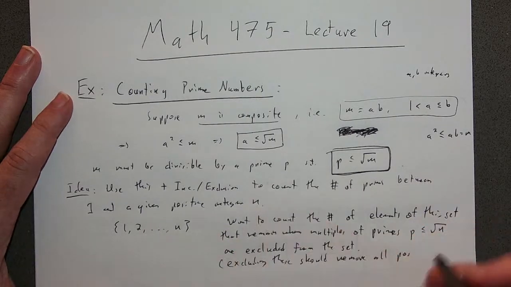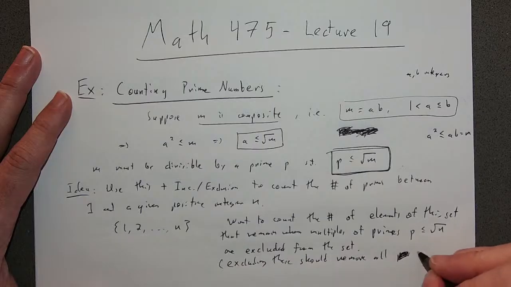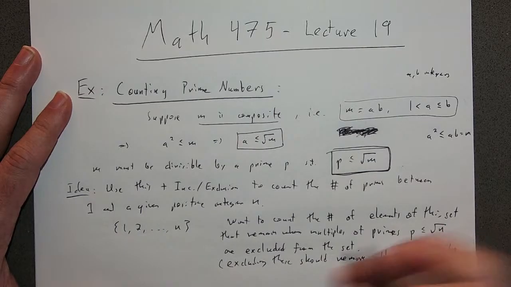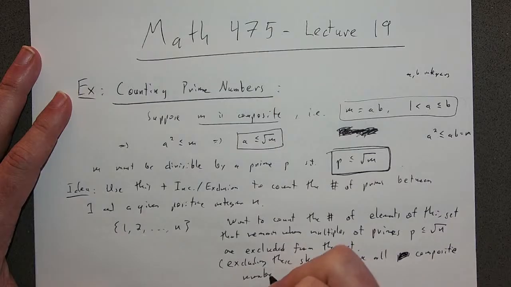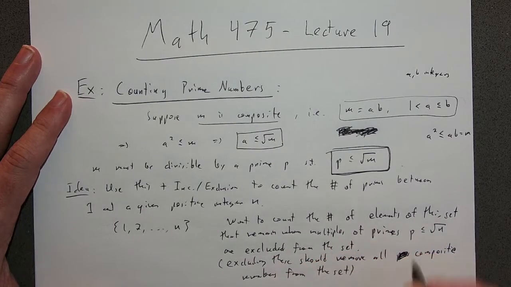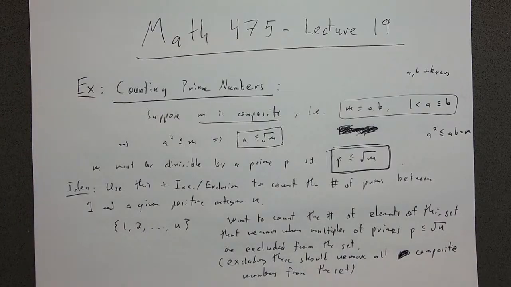Meaning what is left behind should just be all the primes up to n. So we can count the set that is left behind, and that will give us the exact count that we want.